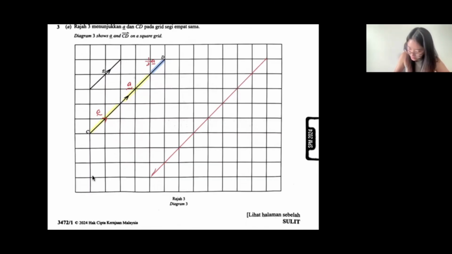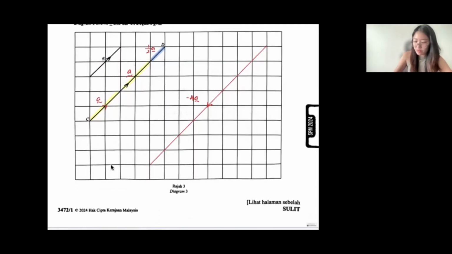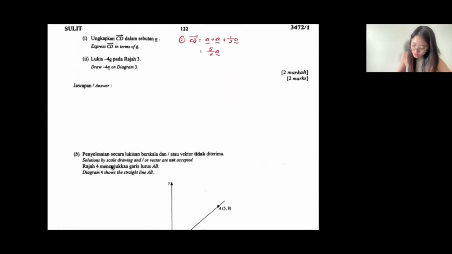So 4A here done. And then direction going down. And then label, this is negative 4A. Yeah, 2 marks over here, 1 mark for number 1, and 1 mark for drawing. Very easy. Okay, next one on B.